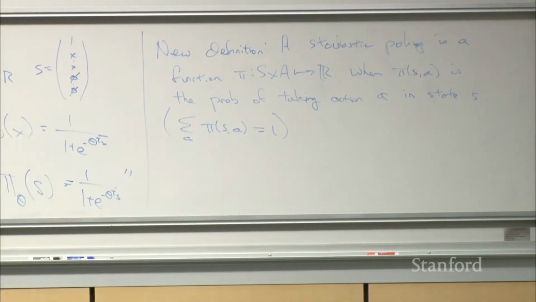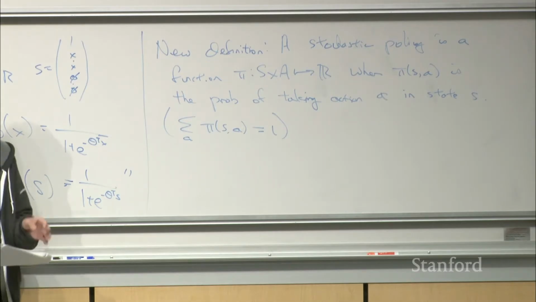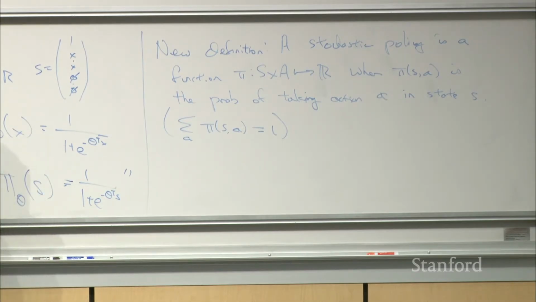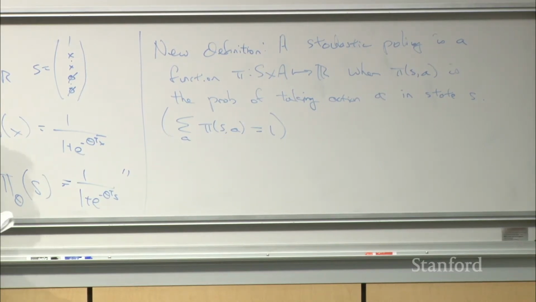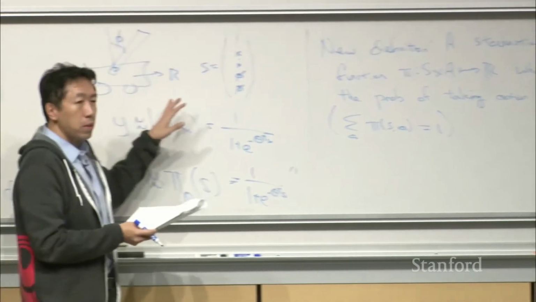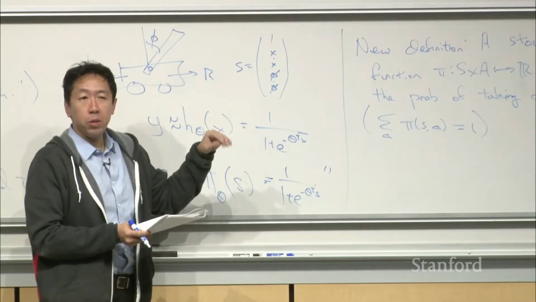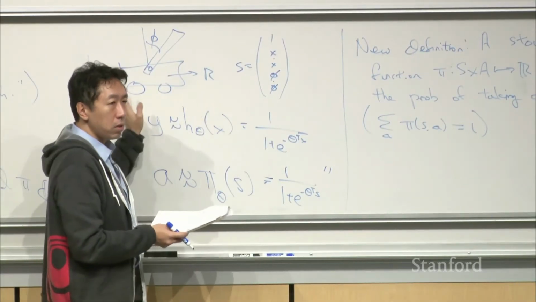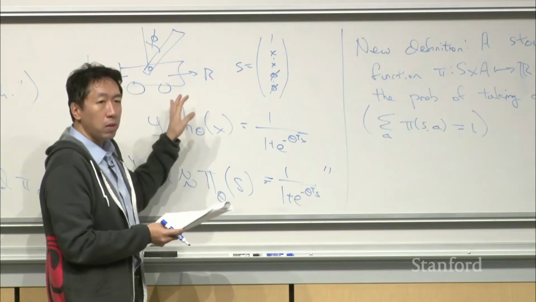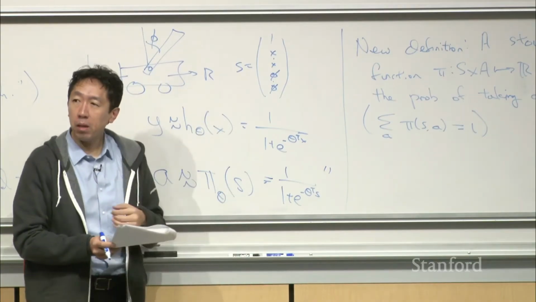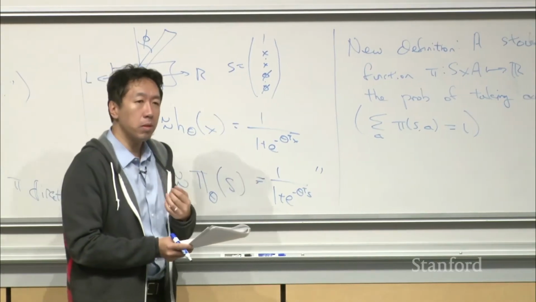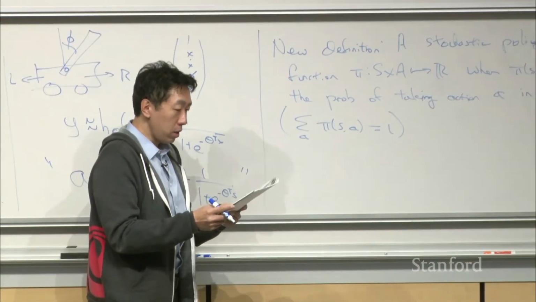So for the direct policy search algorithm that you see today, we're going to use stochastic policies, meaning that on every time step, the policy will tell you what's the chance you want to accelerate left versus what's the chance you want to accelerate right. And then you use a random number generator to select either left or right to accelerate on your inverted pendulum, depending on the probabilities output by this policy, okay?